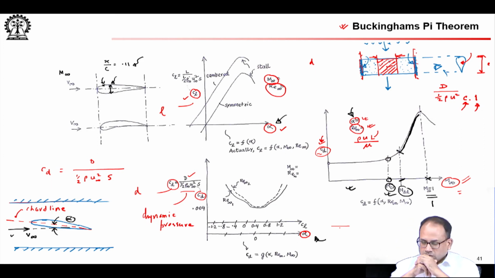Now, the problem is that this approximation of 1 by square root of 1 minus M infinity squared, which becomes infinite at M equal to 1, is not valid at M equal to 1.